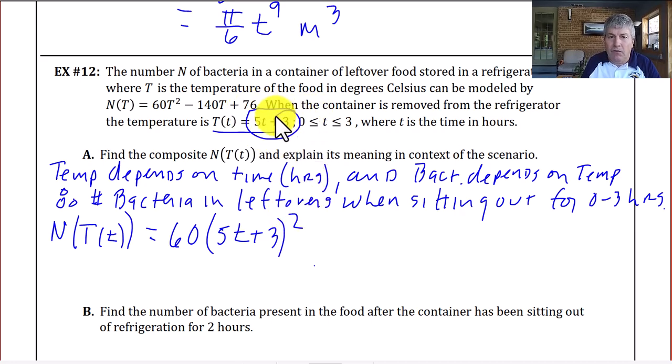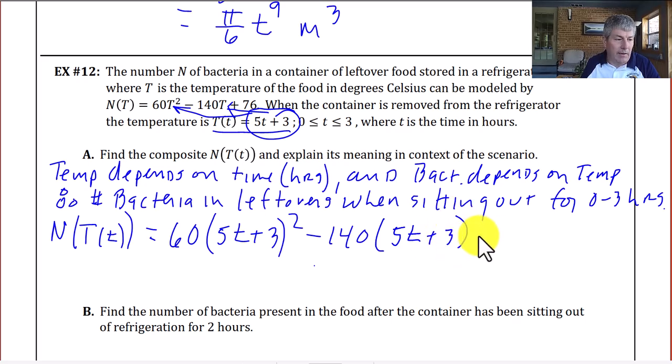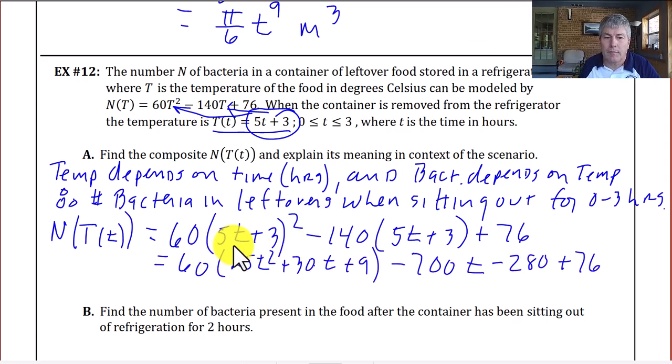So we're taking this function and inputting it into uppercase N of uppercase T, minus 140 times 5t plus 3 plus 76. And then applying our square, we have 60 times 25t squared plus 30t plus 9. Distribute the negative 140, add the 76.